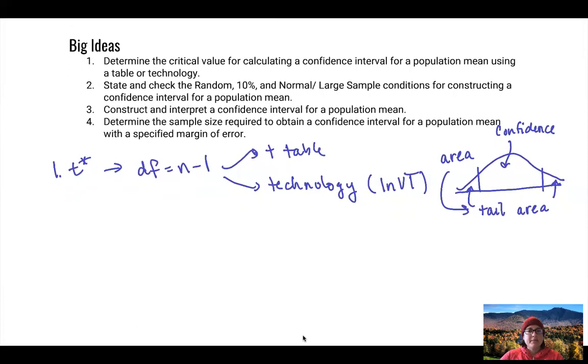State and check the random, 10%, normal/large sample conditions for constructing a confidence interval for a population mean. So random, same as before, you want to make sure your samples are random so that they are generalizable.